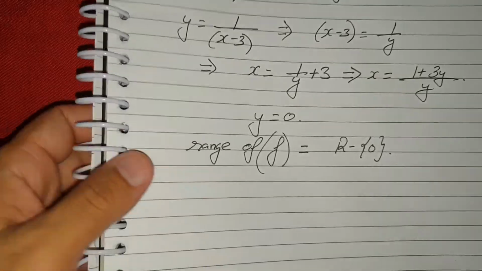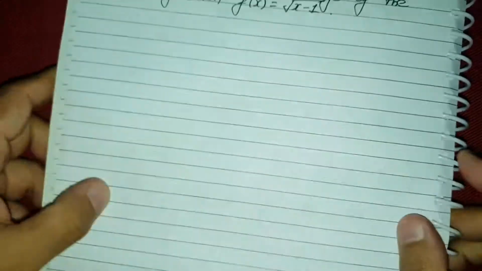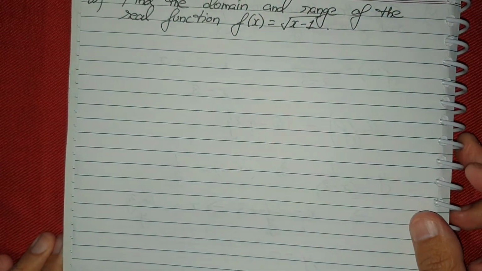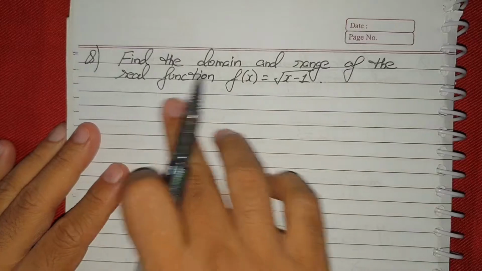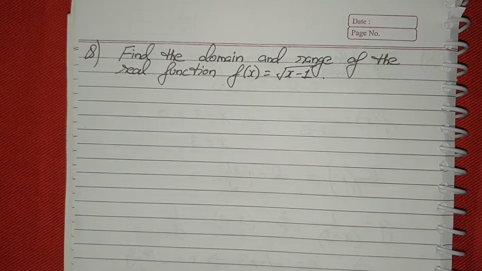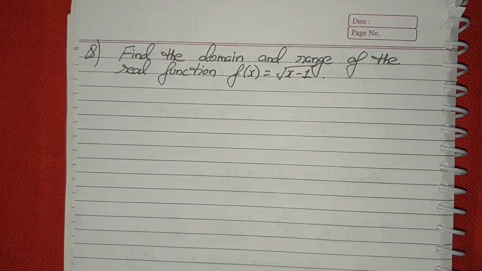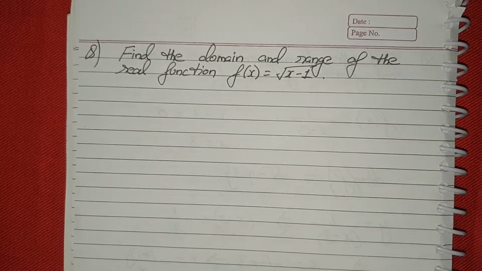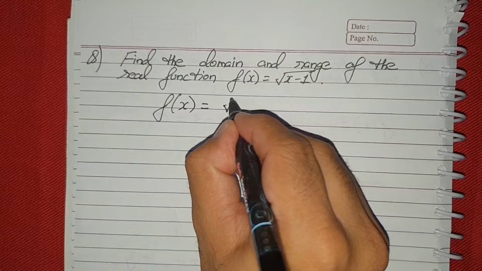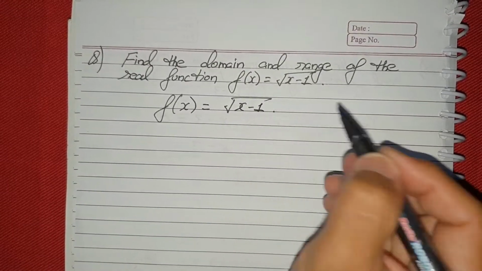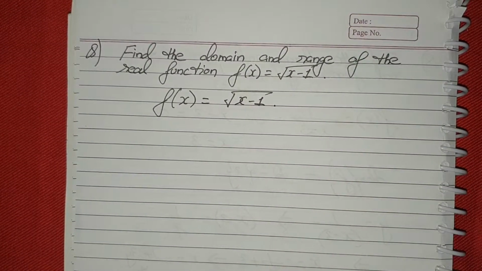Okay, our next example is, find the domain and the range of the real function f(x) = under root of (x - 1). We have to find both domain and range.